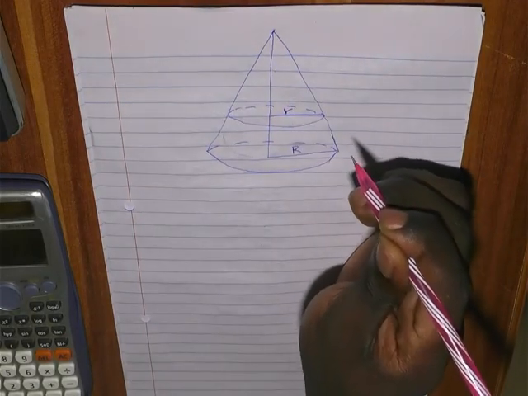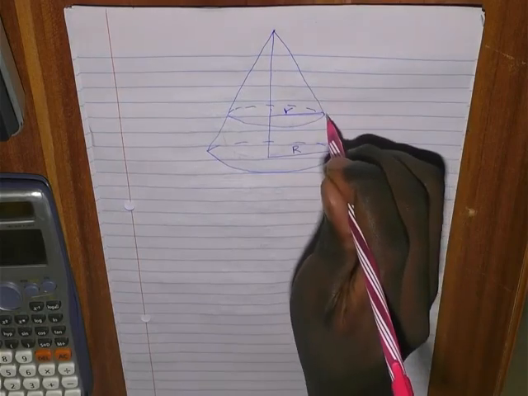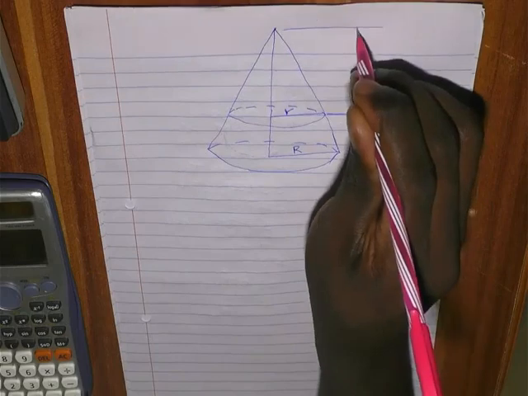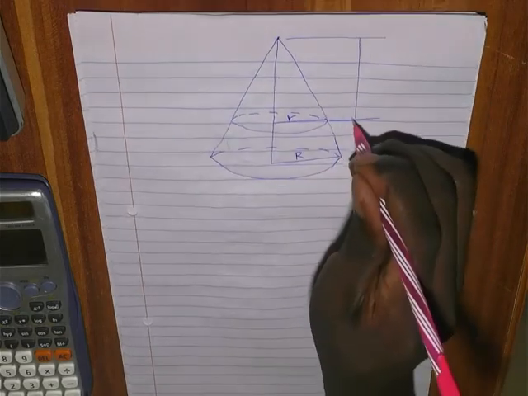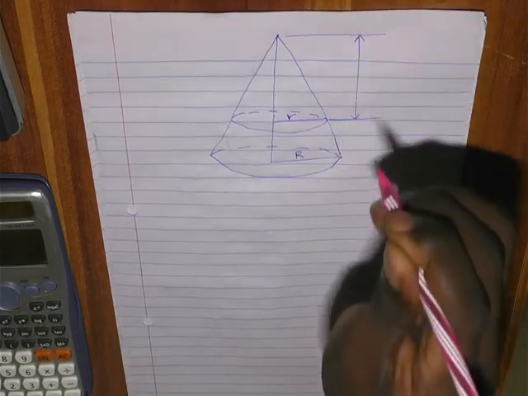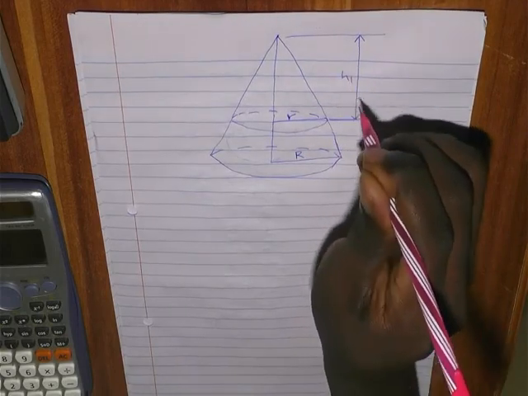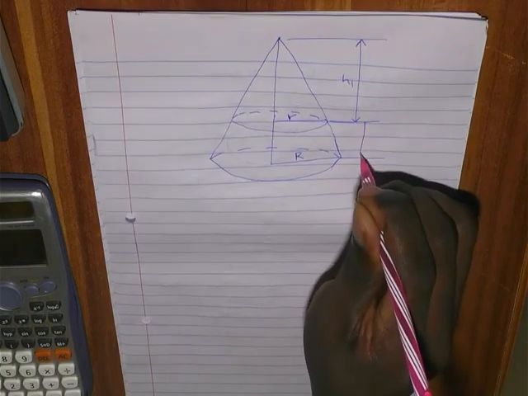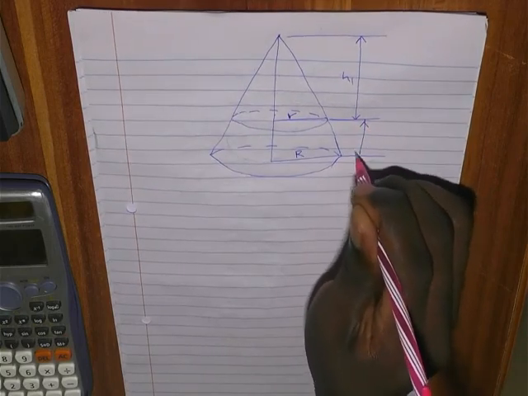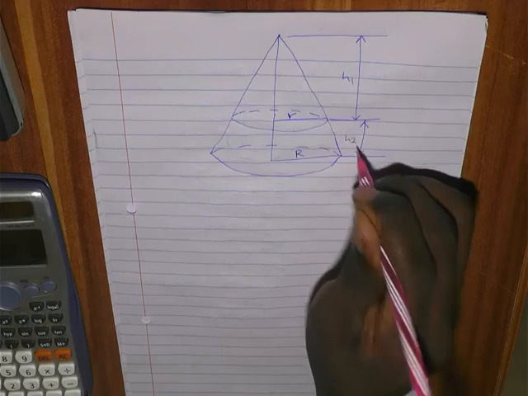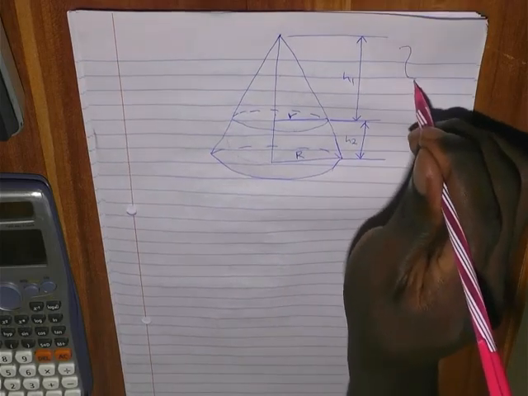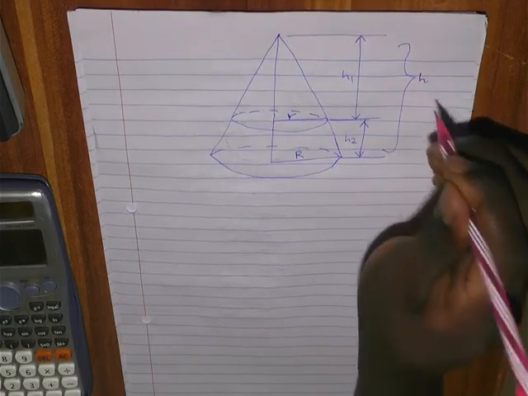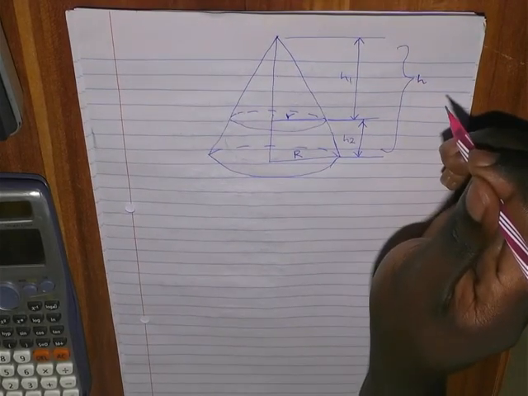And then from this distance here to up here, we will call h1. Are we together? Then this we will call h2. And the whole of it, h1 plus h2, is what will be called h. So we have that.